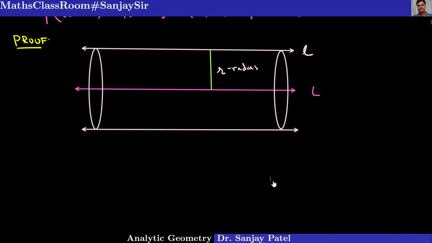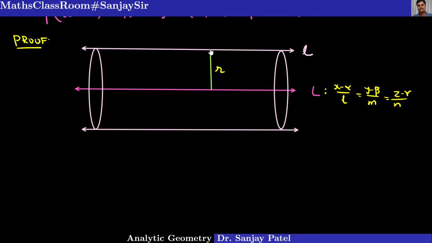Okay. So this is a right circular cylinder. The axis equation is given by (x minus alpha) upon l is equal to (y minus beta) upon m is equal to (z minus gamma) upon n, and the radius of the cylinder is small r. So these two things are given, and we want to obtain the equation of such a right circular cylinder. So what I do is I take any point on this cylinder.